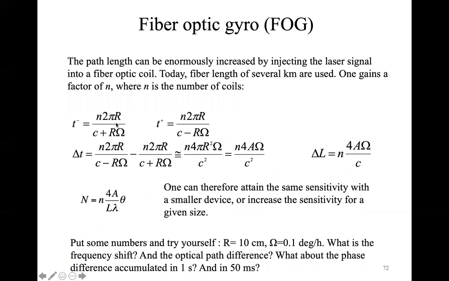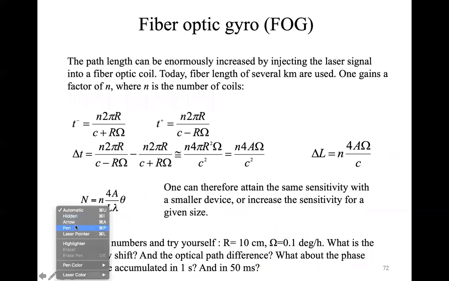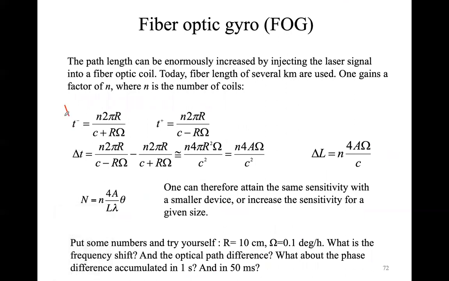So if we retake the description of the time differences between the anti-clockwise and the clockwise direction, for the clockwise beams, you now have in front 2 pi r, so the length of the path, and n, that is the number of coils.